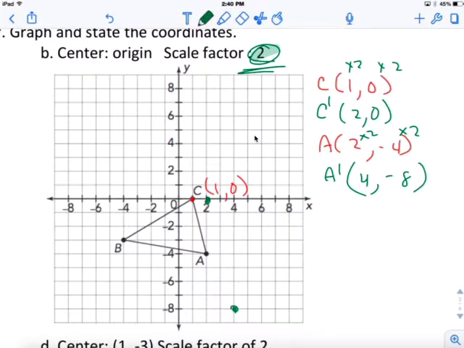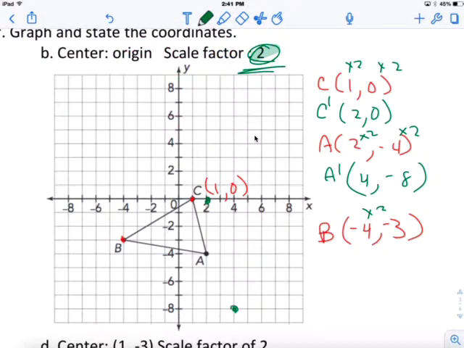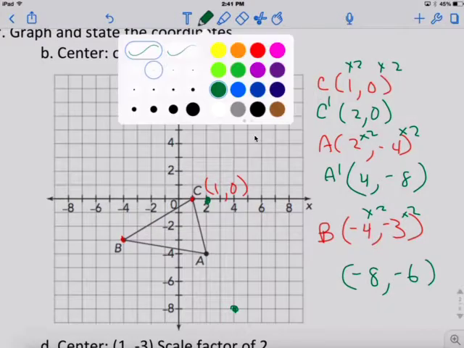And then our last coordinate is B, which is negative 4, negative 3. Multiply that by 2. Negative 8, negative 6. B prime.